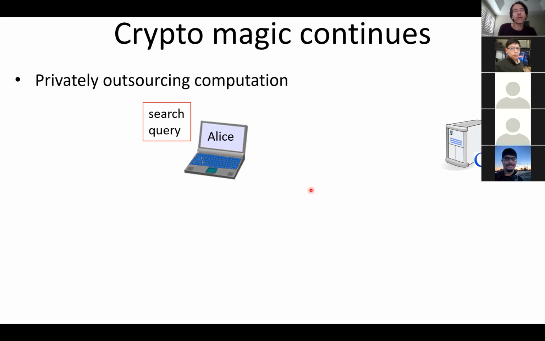In a more general way, so this was just storage, right? I stored something, and then I accessed it, and the server didn't know whether it was the same person. If we all store files, and then only one of us retrieves it, the server doesn't know which one it is. Okay, but this is just storage and retrieval. How about more general computation?